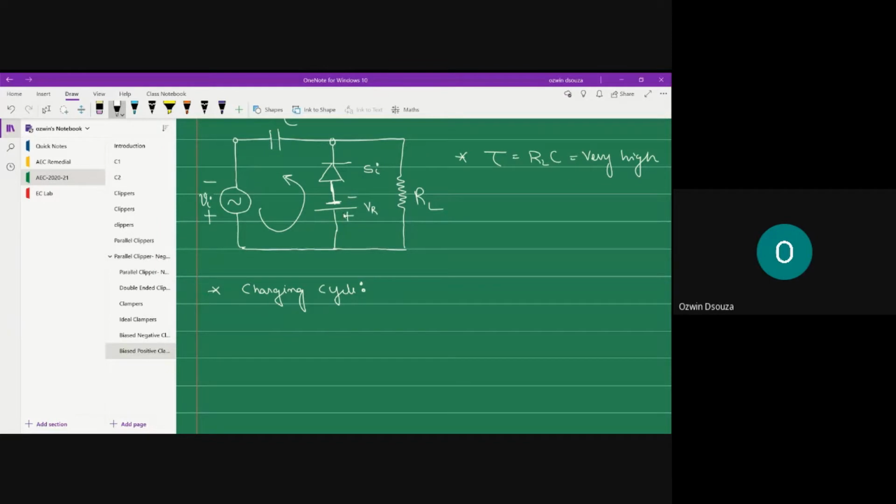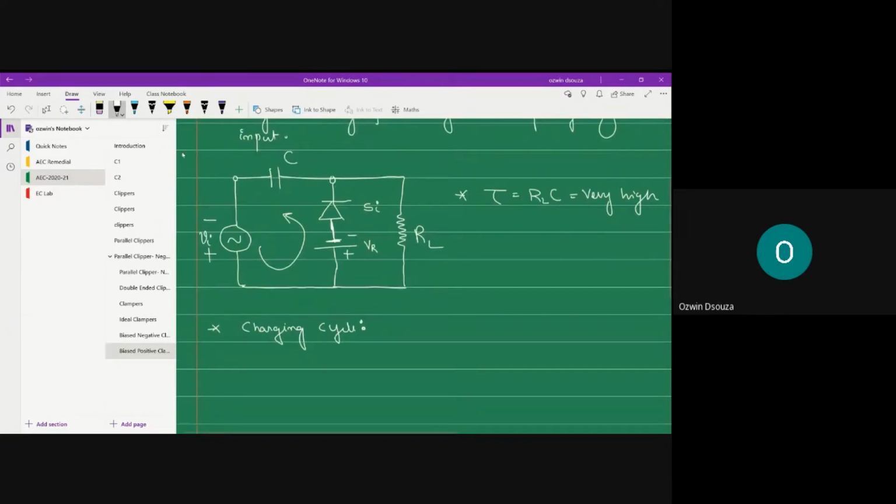Let us also mark the polarity for the capacitor. Say terminal A of the capacitor is connected to the negative terminal of the source. Hence, terminal A attains negative polarity and the opposite plate attains positive polarity. Let's consider the voltage across the capacitor as VC.